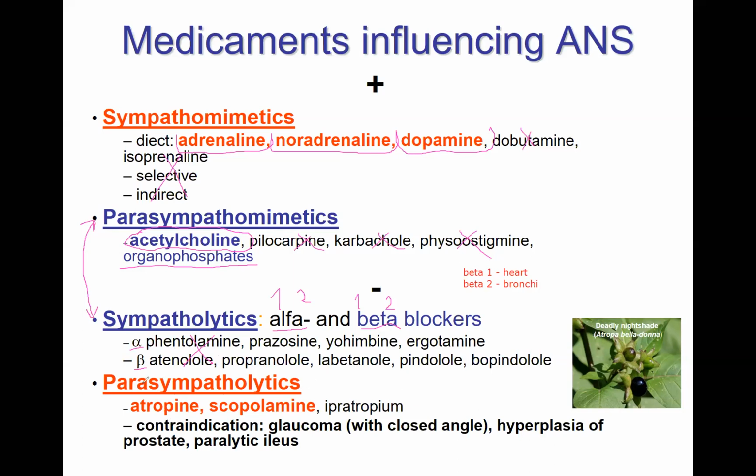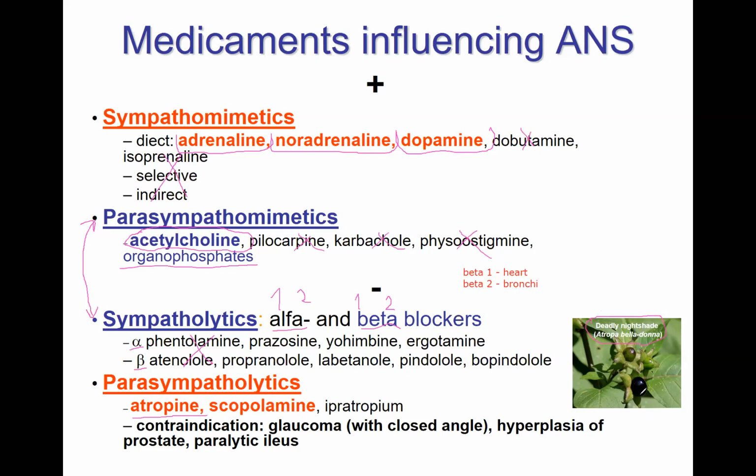And for parasympatholytics, which block the parasympathetic system, there is no natural one in the body, but there are some natural ones in plants, for example, as you can see here, the Atropa belladonna, which is one of the most poisonous plants in our country.